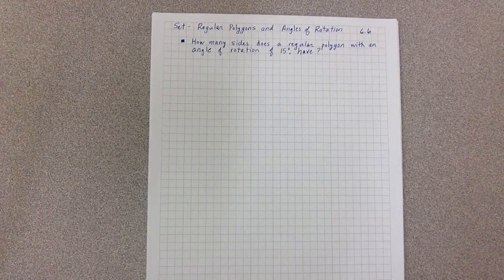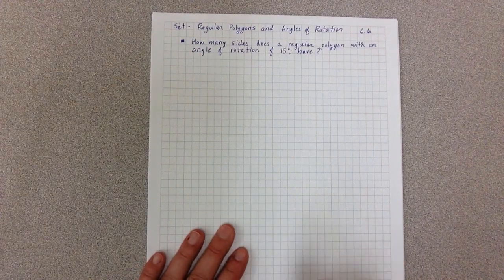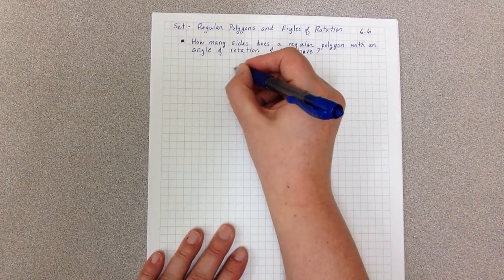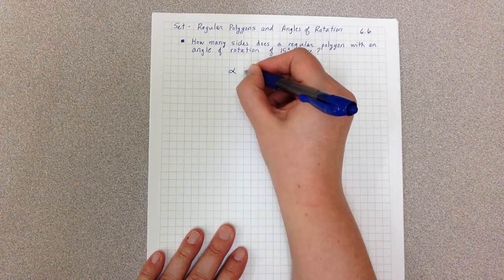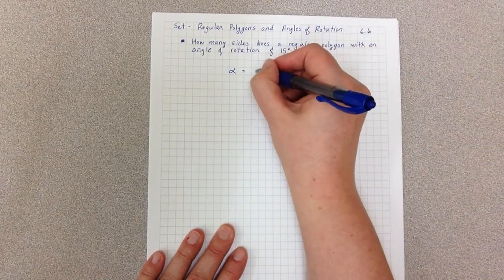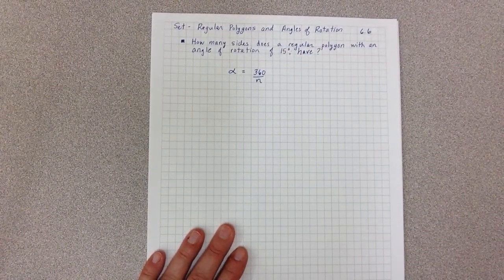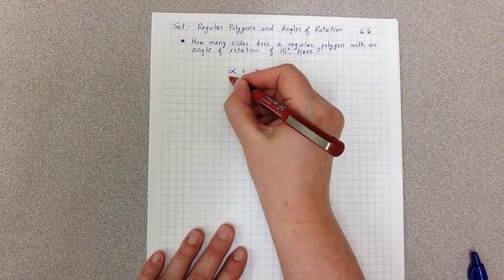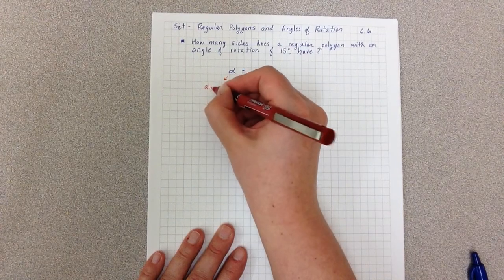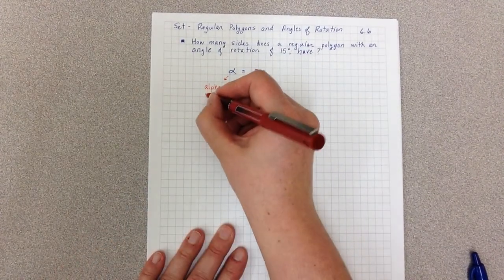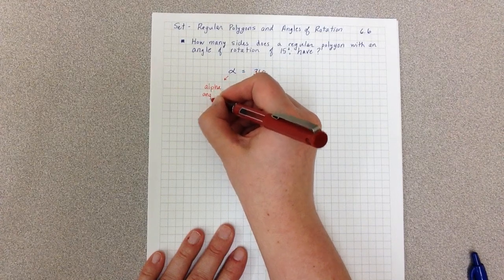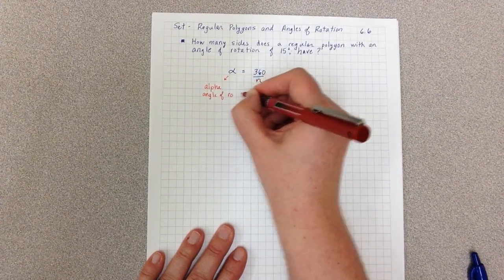How many sides does a regular polygon with an angle of rotation of 15 degrees have? During the activity for 6.6, you discovered that there's a relationship between the angle of rotation and the number of sides of a regular polygon. So we use this symbol right here, which is the alpha, and it stands for angle of rotation.